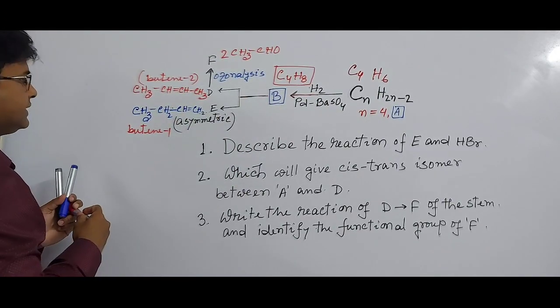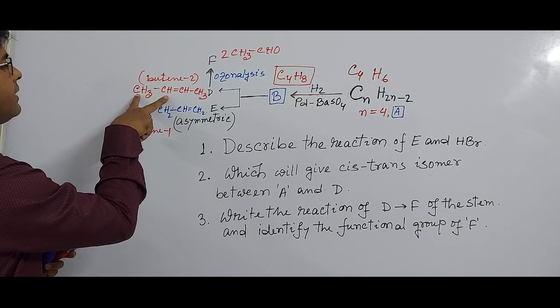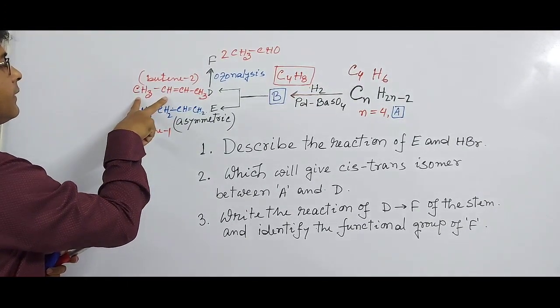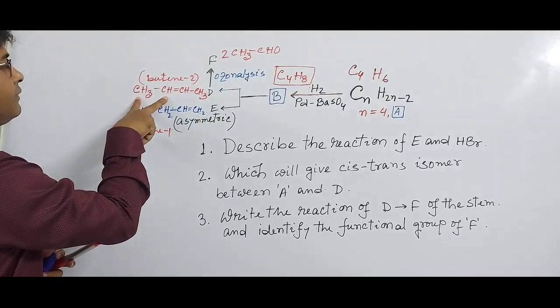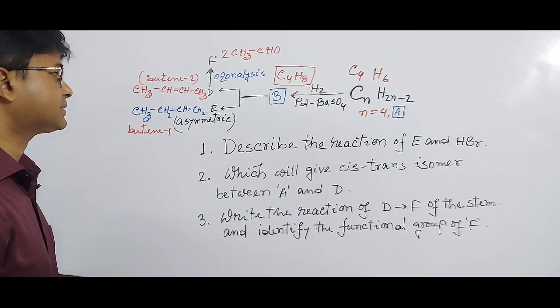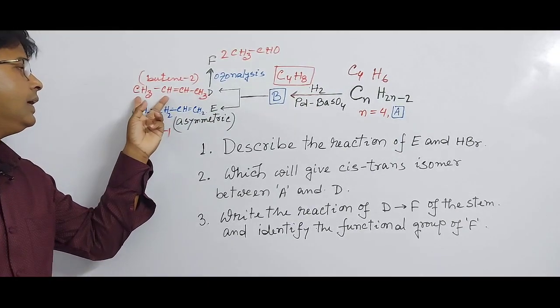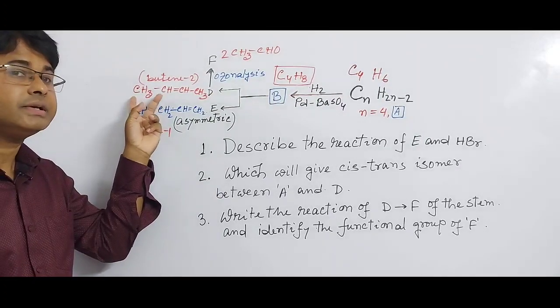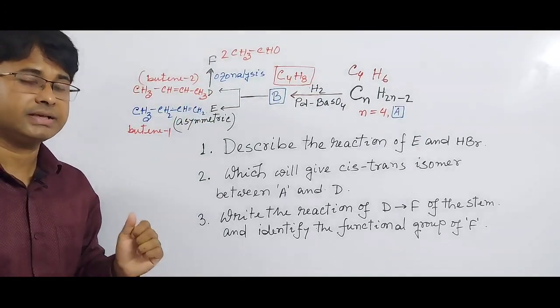It is noted that the same number of carbon atoms are given on both sides of the carbon-carbon double bond. That's why there will be two molecules of ethanal in the ozonolysis reaction.